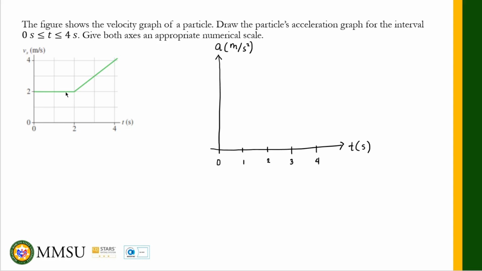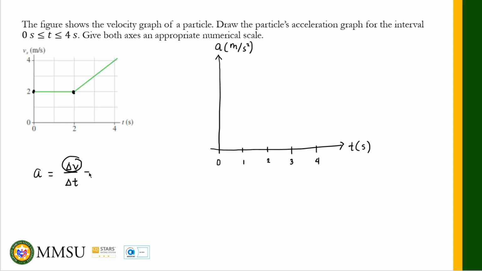A horizontal line indicates that from 0 seconds to 2 seconds, the velocity is 2 meters per second. So the velocity does not change. Remember that acceleration is the change in velocity over the change in time. The change in velocity is the difference between the velocities at 2 points. At these 2 points, the velocity is 2, and at this point, the velocity is also 2.